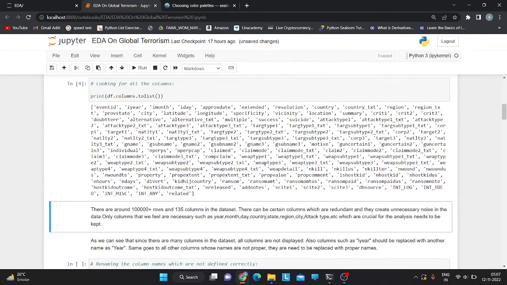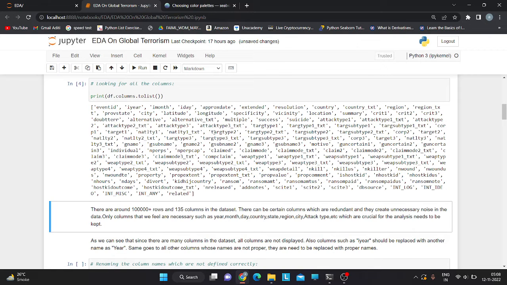We are not going to deal with each and every column here. We are going to selectively take up only those columns which are important for our analysis. Say for example the month, the day, the country, region, the target type, the weapon type, the terrorist groups who are involved in this, these are the key columns that are important for our analysis.